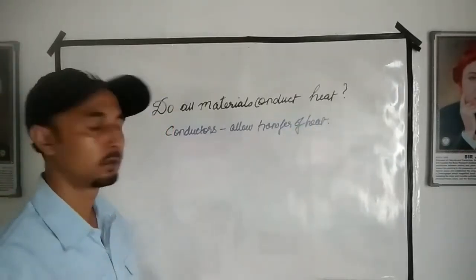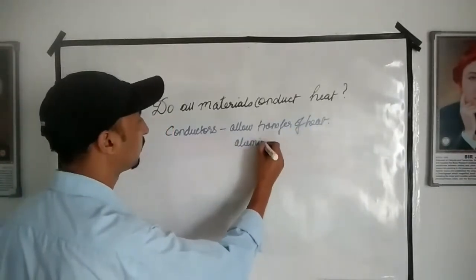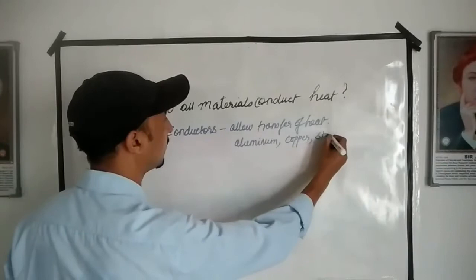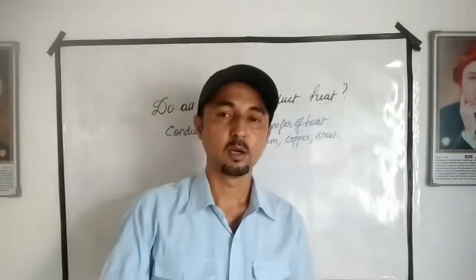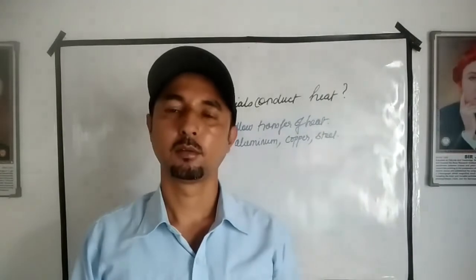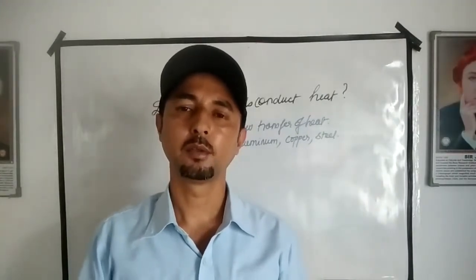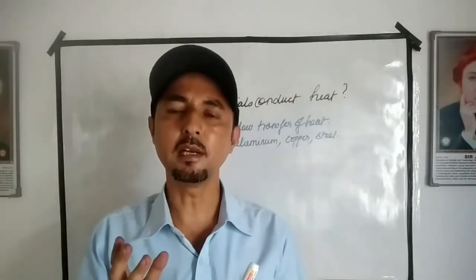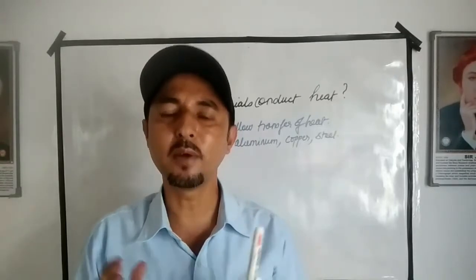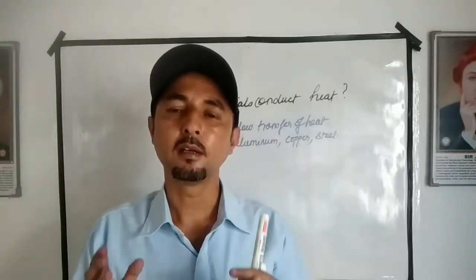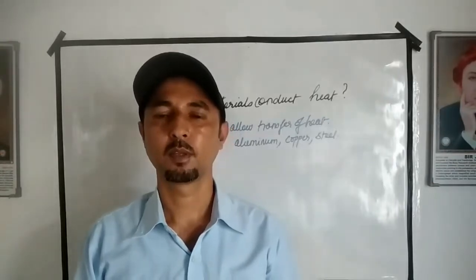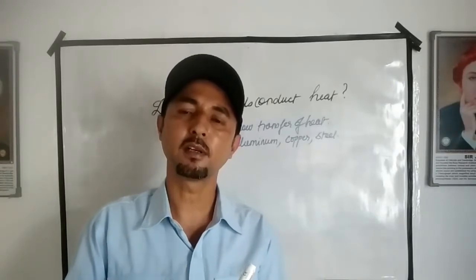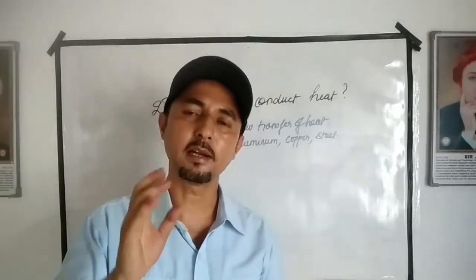For example, aluminium, copper, steel. When you take hot tea in a glass made of steel, the whole steel becomes hot and you have to wait for some time for the tea to cool down, because the transfer of heat takes place from one end of the steel glass to the other end.